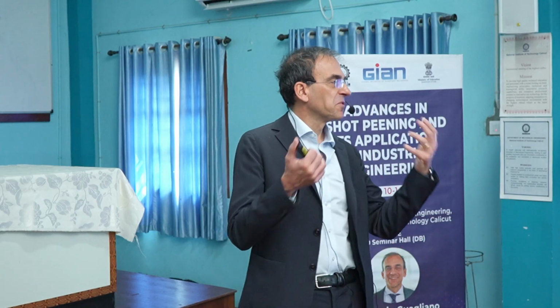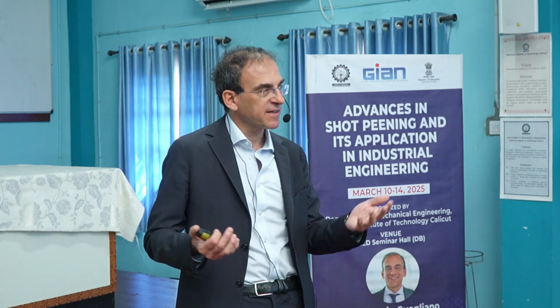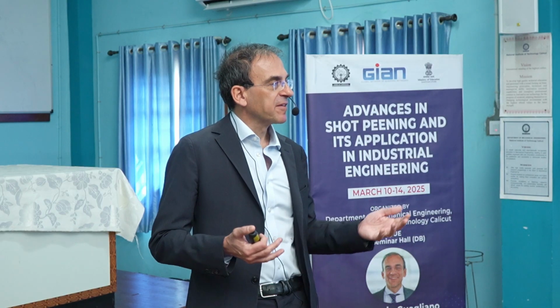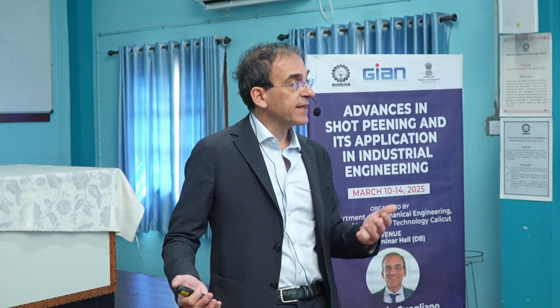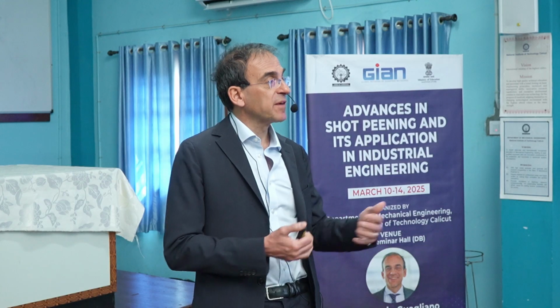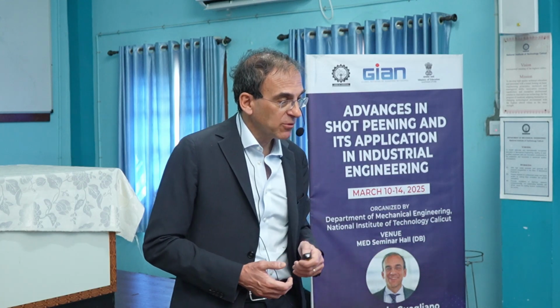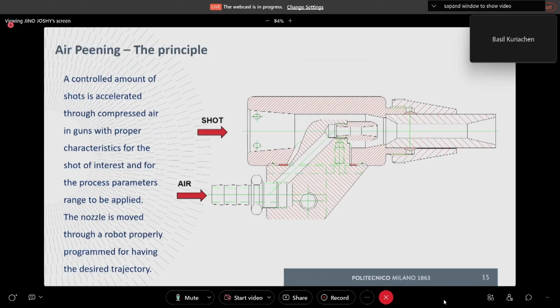We don't need supersonic speed. The usual speed for shot pinning can be 60 meters per second, even less sometimes, 80, 90 meters per second. It's not usual to have higher velocity. Anyway, by means of compressed air, we are able to obtain this effect.